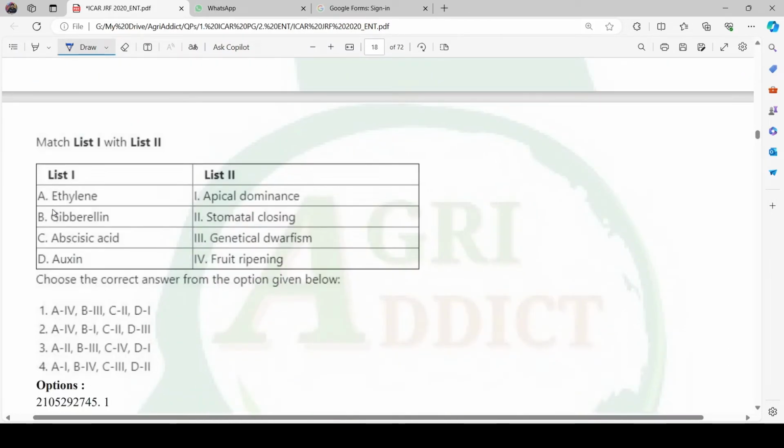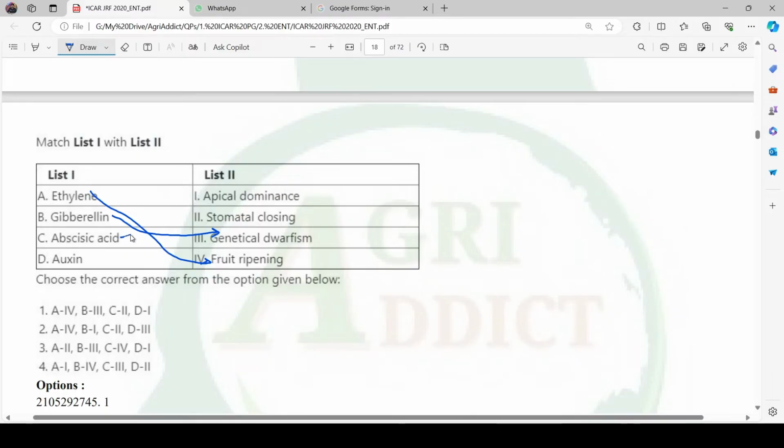Next question is a match the following type from plant physiology, a plant hormone chapter question. First is ethylene. Ethylene in gaseous form is used for ripening of fruits like banana. Then gibberellin is known for genetic dwarfism.